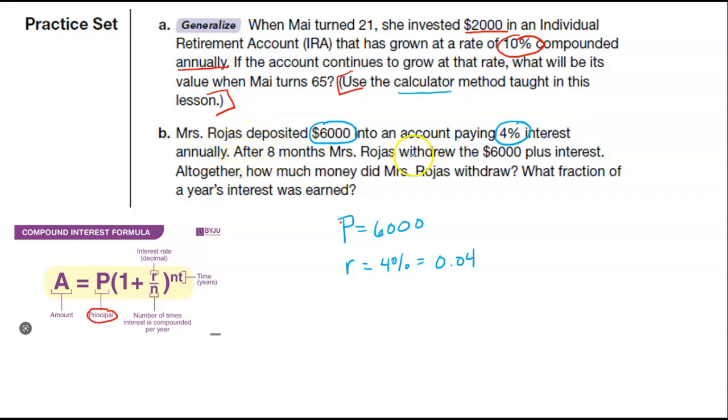After 8 months, Miss Rojas withdrew $6,000 plus interest. Altogether, how much did she draw? What fraction of the year's interest was earned? The time in years is going to be 8 over 12, which is 4 over 6, which is 2 over 3, which is 0.66, repeating forever.